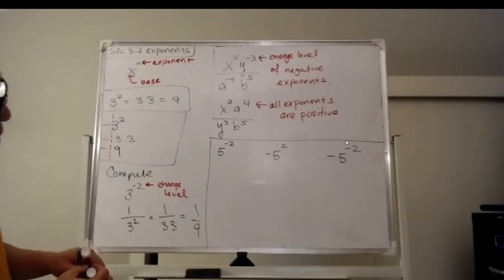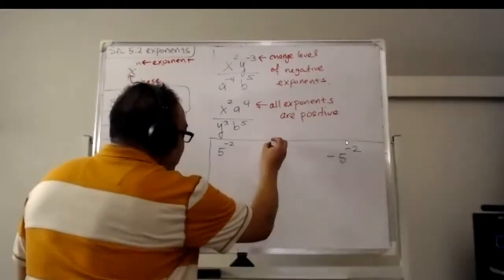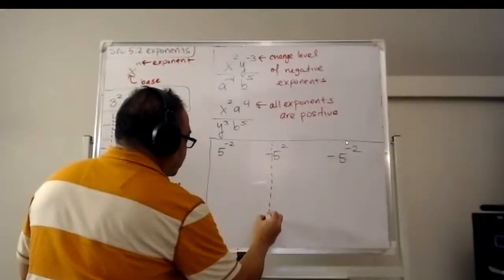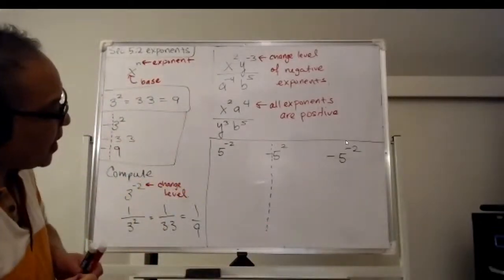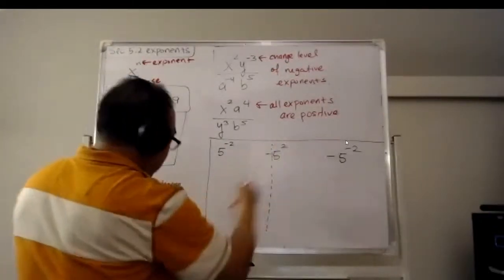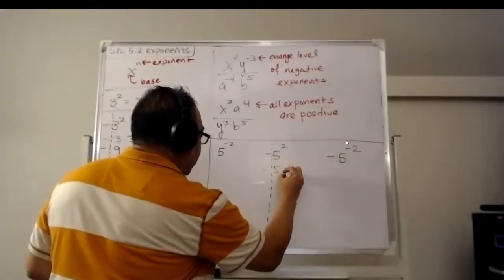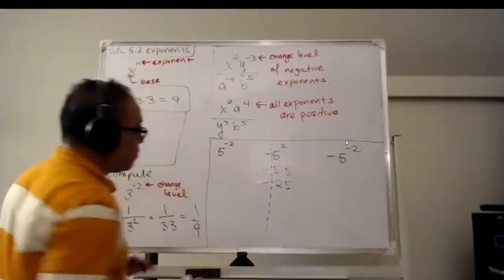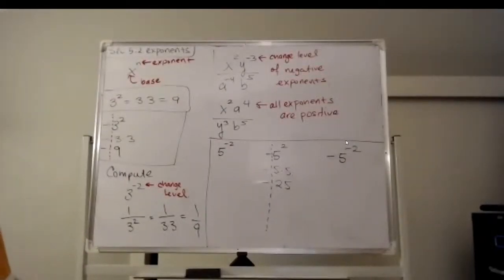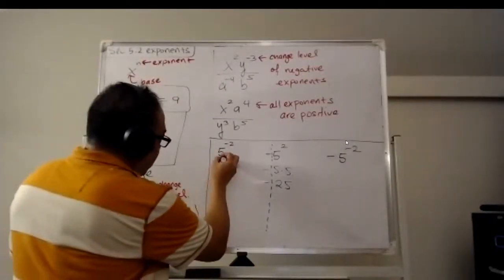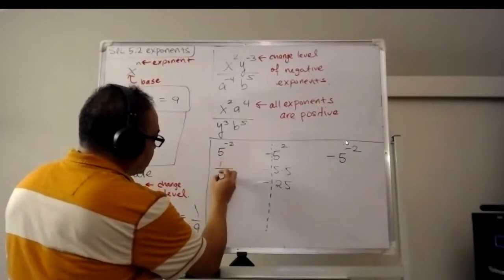So let's look at this. Now, let's remember that this one right here, the negative is not connected to this number. So we're doing the exponent first. And then over here, this means change levels.